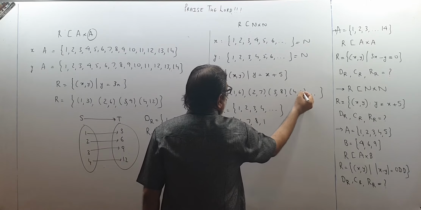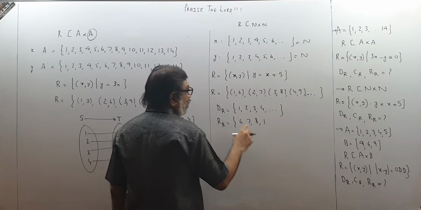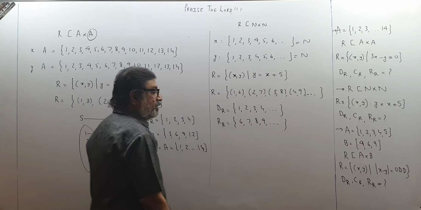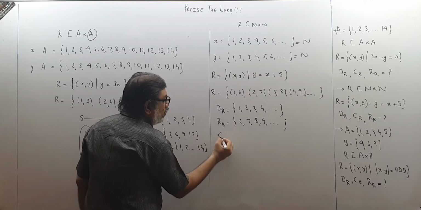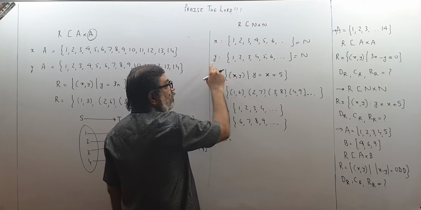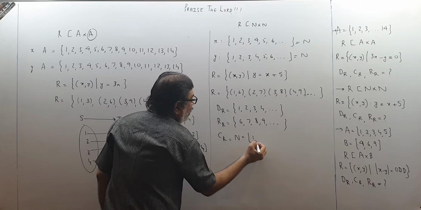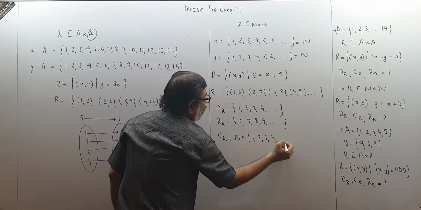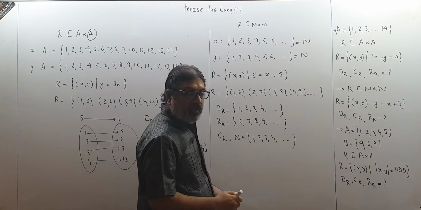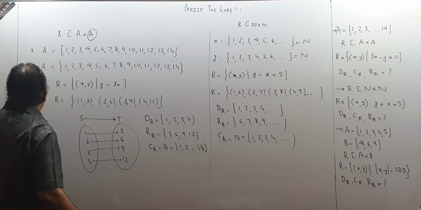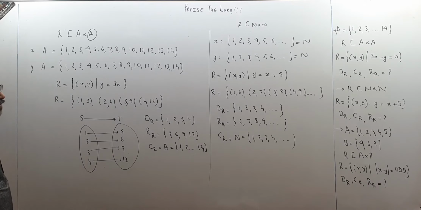Sorry, this will be 9 over here. So this will be 6, 7, 8, 9, dot, dot, dot. Like this we'll get. And what will be the codomain of the relation? Codomain will be second set. That will be N. That will be 1, 2, 3, 4, dot, dot, dot. Like this it will go. Please pause and copy, children. I give you time. I do the third one for you. Please pause and copy.